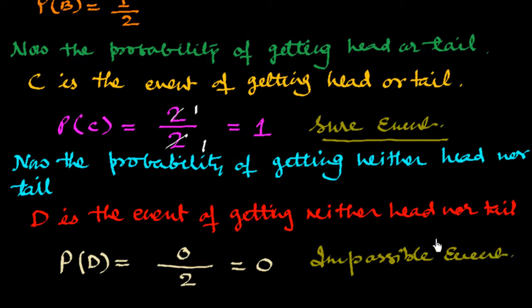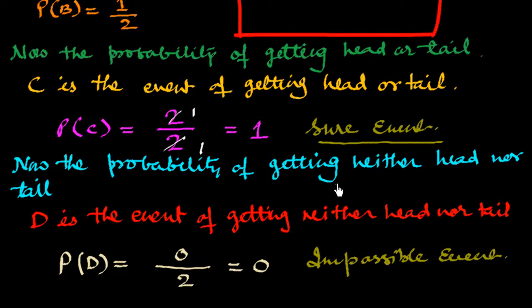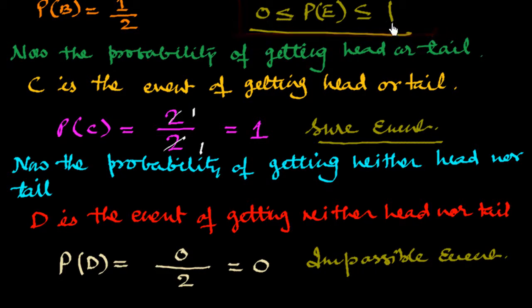One more thing I would like to explain here: probability always lies between 0 and 1. 0 is smaller than or equal to the probability of any event, which is smaller than or equal to 1. If it is 0, it shows the impossible event. If it is 1, it shows the sure event.